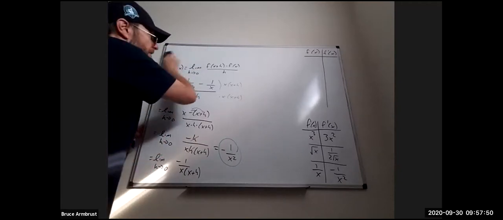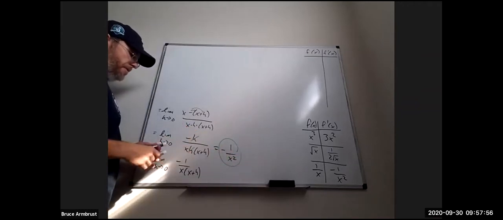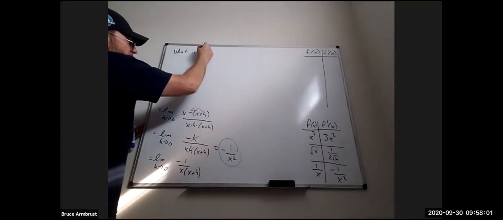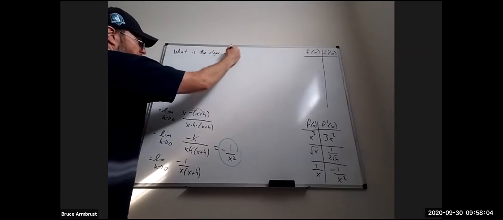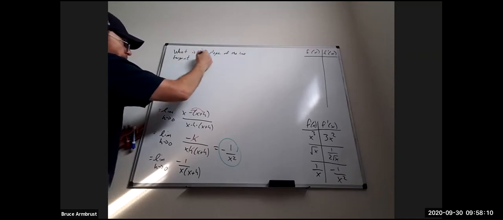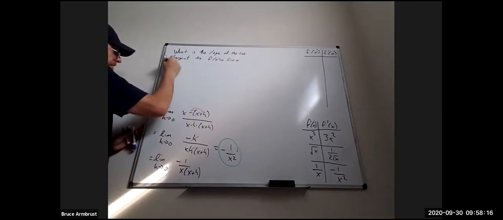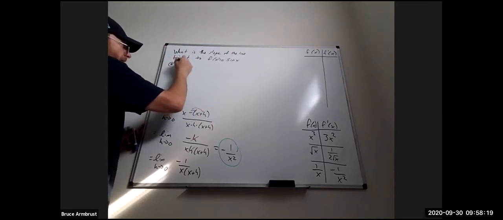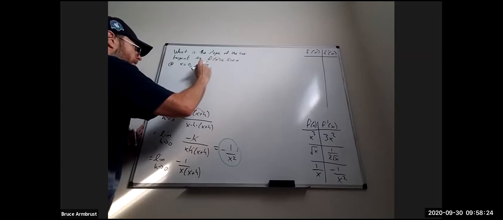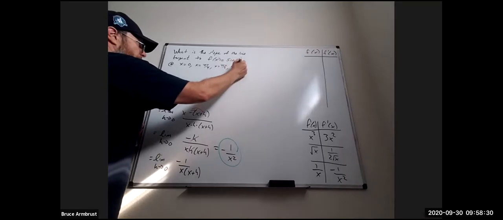So here is the question for this one. I want to know what is the slope of the tangent line, or the line tangent, to f of x equals sine of x, but I want to know it at x equals 0, x equals pi over 4, x equals pi over 2, and x equals pi.